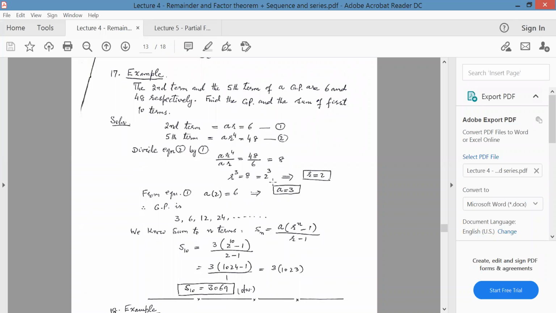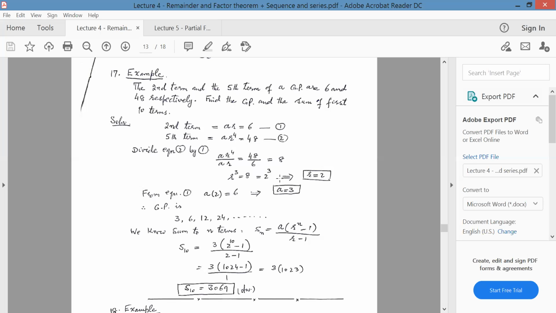And as per the laws of indices, if the powers are same in an equation, then bases will be equal. Make sure of it. So why r is 2? Because powers are same on either side. So just neglecting the powers and equating the base, you get the value of r, that is 2.